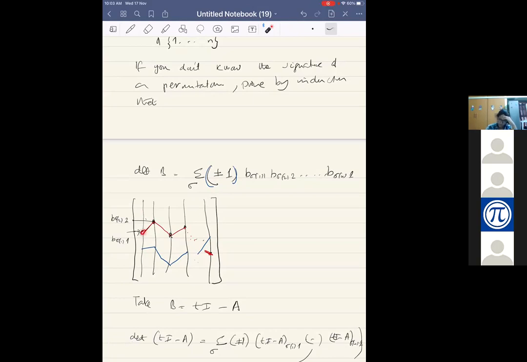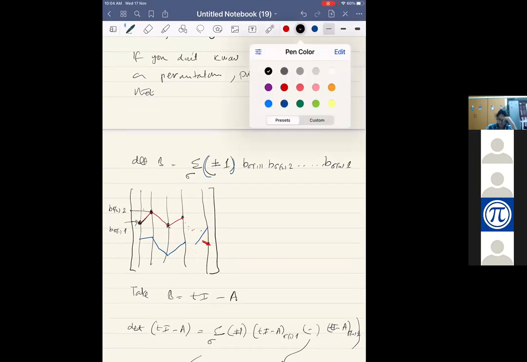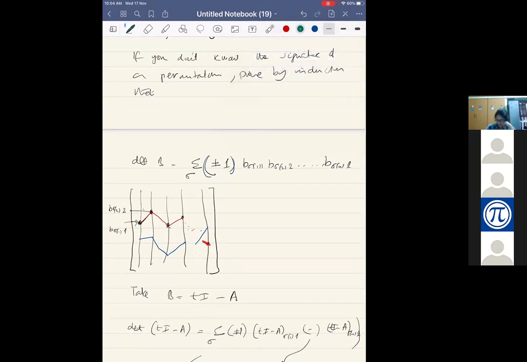As the path goes up or down, it starts from sigma 1, then goes to sigma 2, then sigma 3. So it can't visit the same row, and you can't have a path of this kind. Let me use a different color. You can't have a path of this kind.